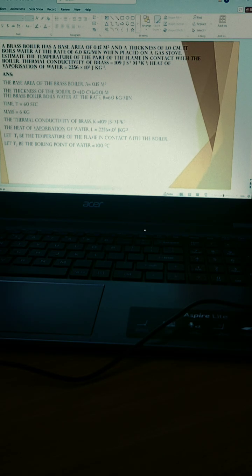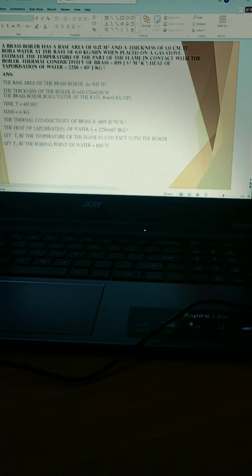So the base area of the brass boiler A = 0.15 m². The thickness of the boiler d = 1 centimeter, that means 0.01 m. The brass boiler boils water at the rate R = 6 kg per minute.